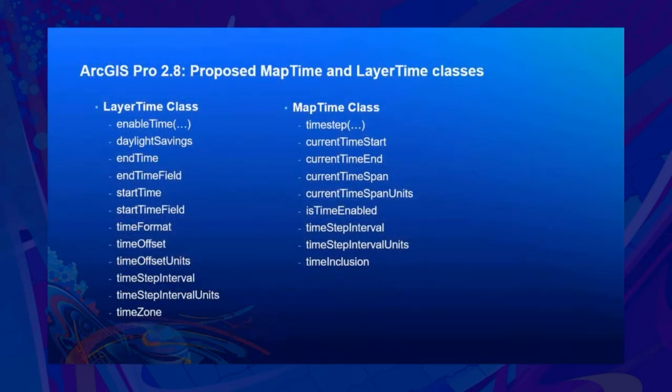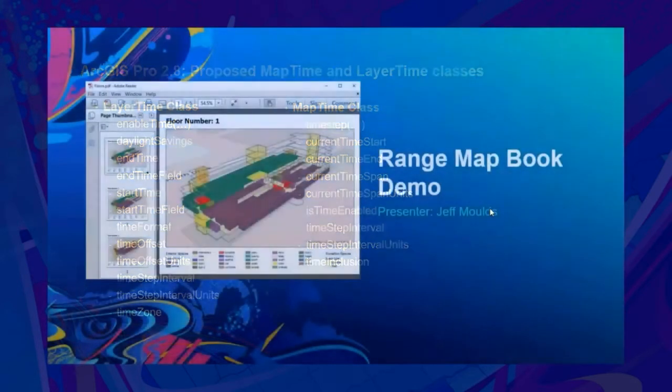And here's a sneak peek of the map and layer time classes that we're planning on including in 2.8. One caveat is that we can't 100% guarantee that all this new stuff will be there in the next release due to any unforeseen circumstances. However, that is the plan as of now.